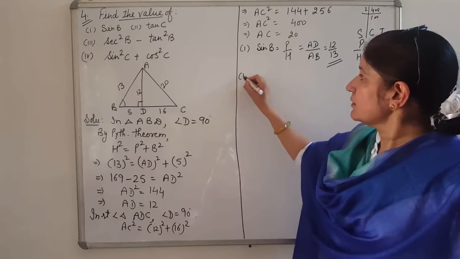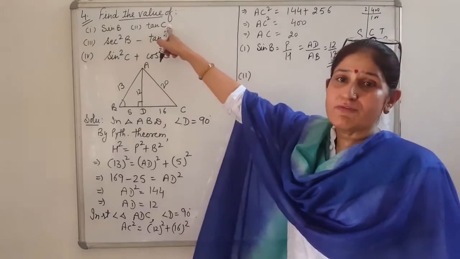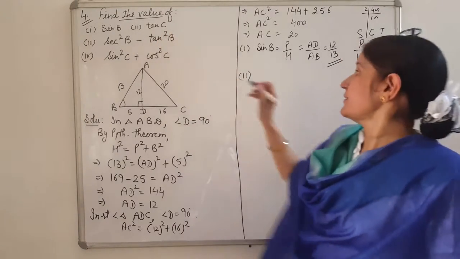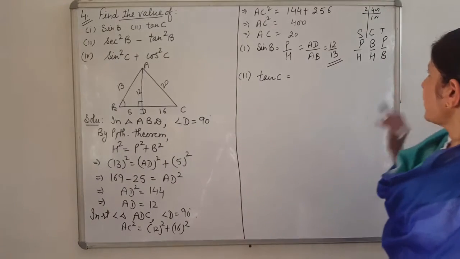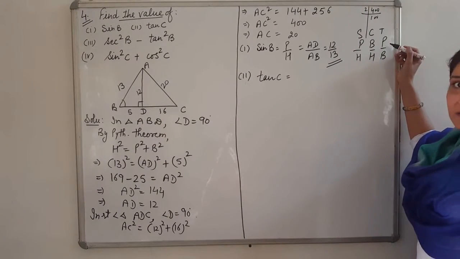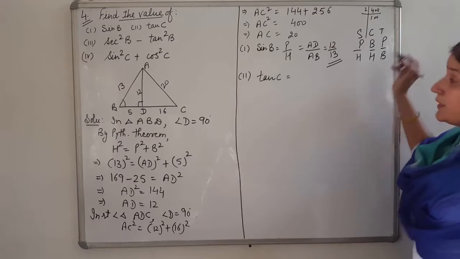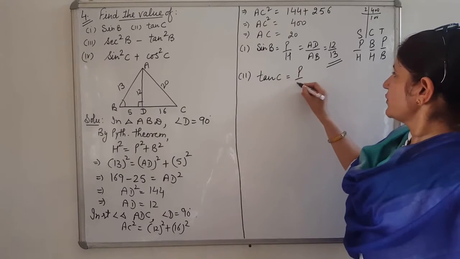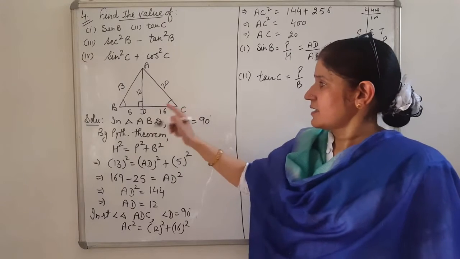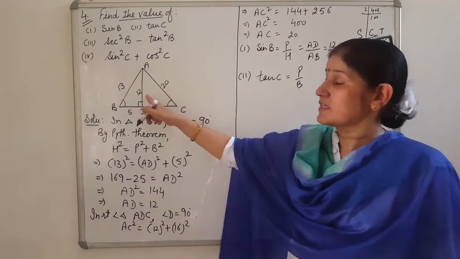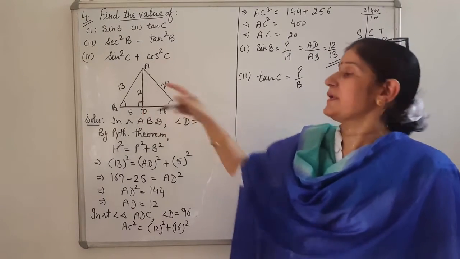Now the second one, you have to find the value of tangent C. Now see from here, what is the tangent ratio? P over B. Now we have to see this triangle. Tangent C. Adjacent side is base, opposite side is perpendicular.